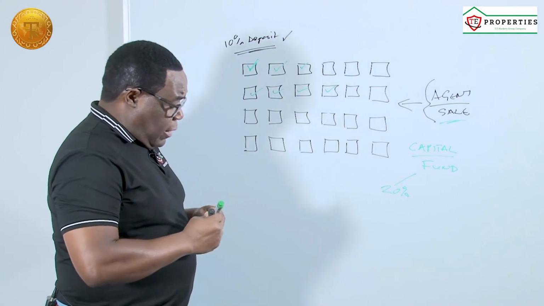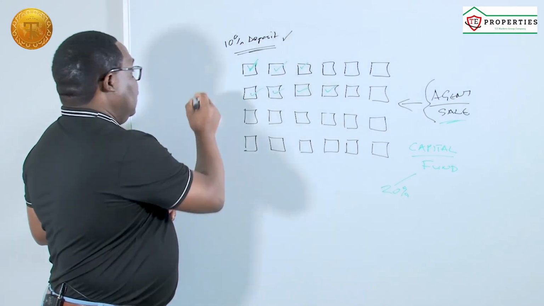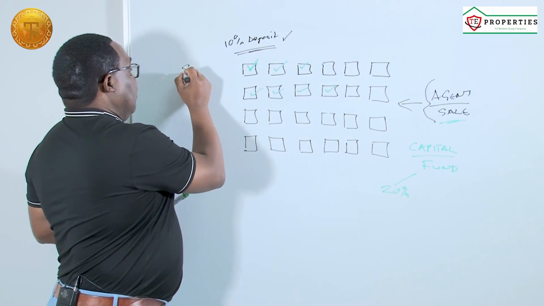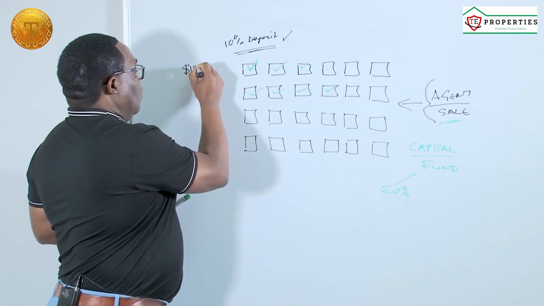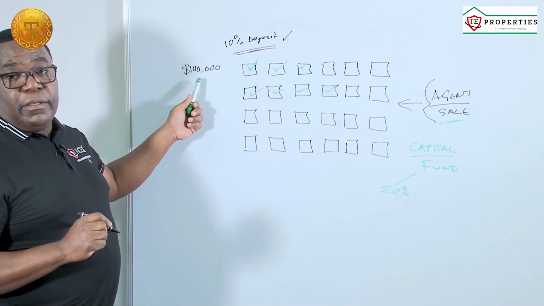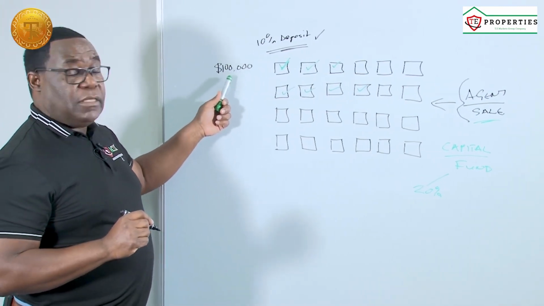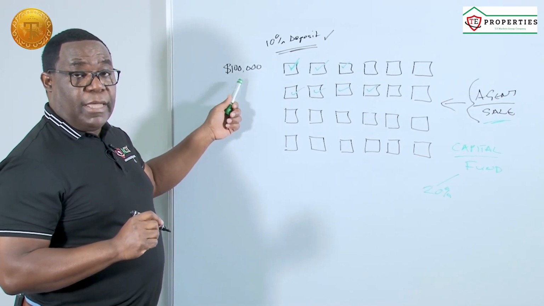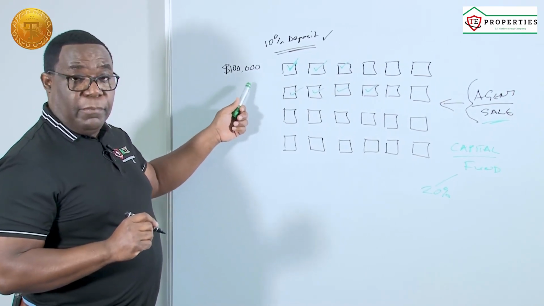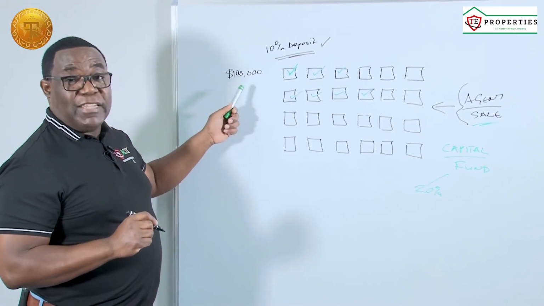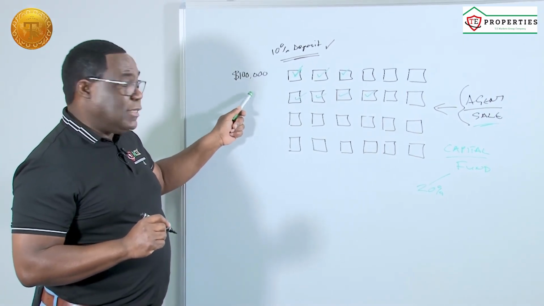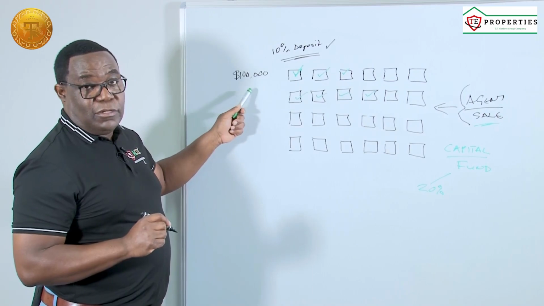All right, now we're going to make this illustration imagining that each one of these units on completion will be worth $100,000. And also the illustration is based on an assumption that the developer starts off at an offer price of $100,000.